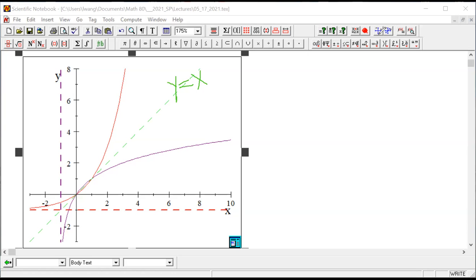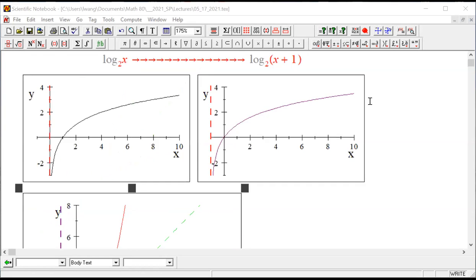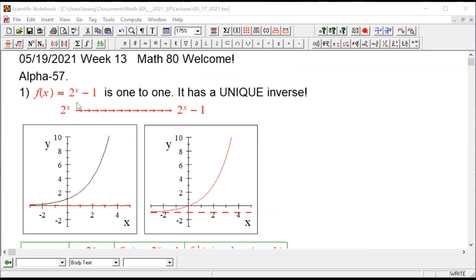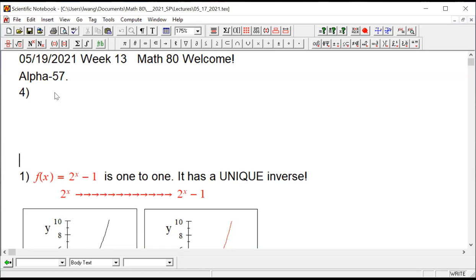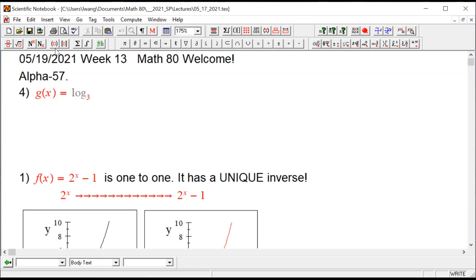Okay, so clear all drawings. Ooh, cool. Okay, so let's do number 4, the same drill. Number 4, we're given a g. This g is log base 3 of x minus 2.